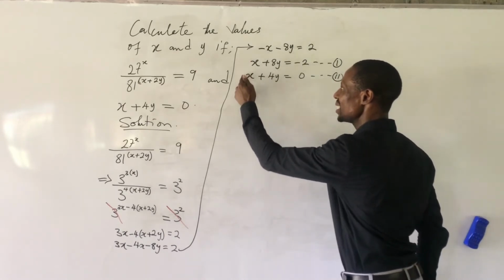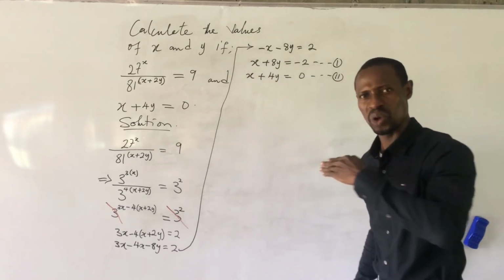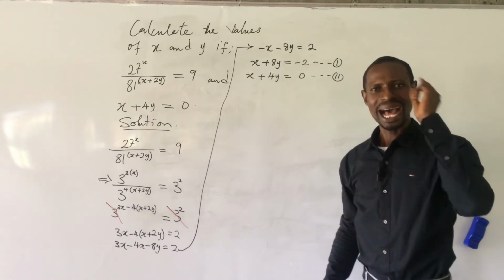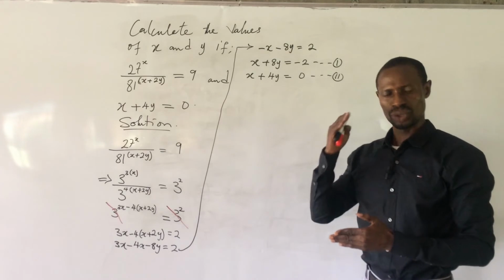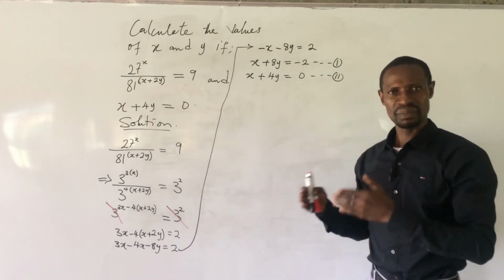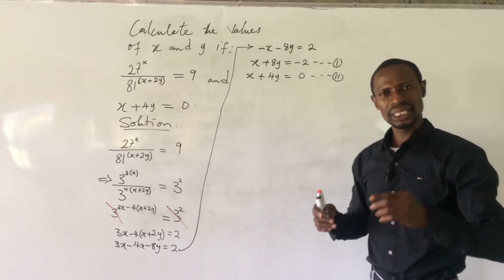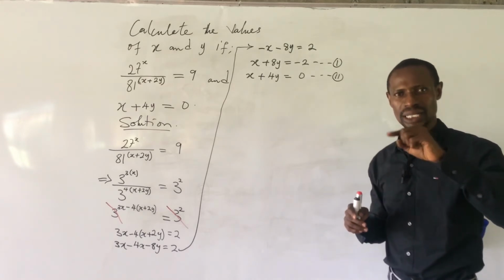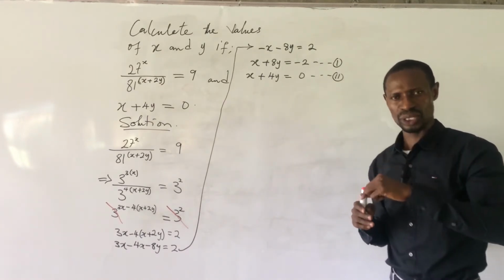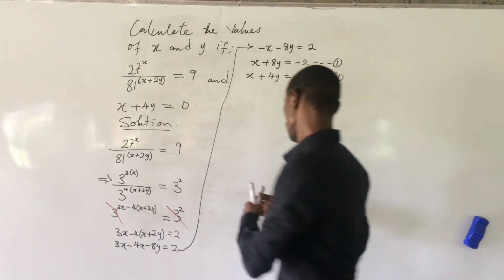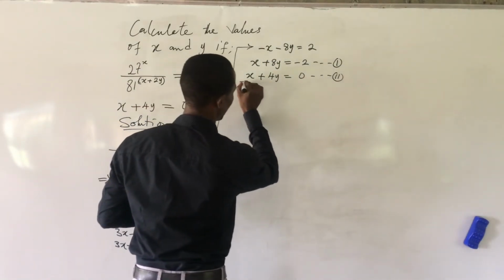When the signs of the variable you want to eliminate are the same, e.g., if they are plus, then you subtract. If they are minus, you subtract. But if the signs are plus, minus, you add, or minus, plus, you add. Okay, so with this, we are subtracting.